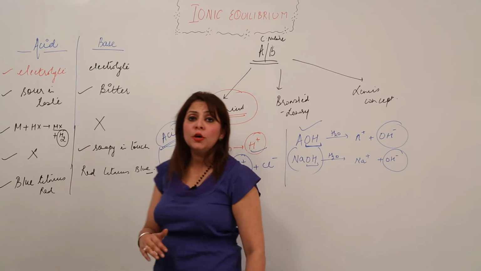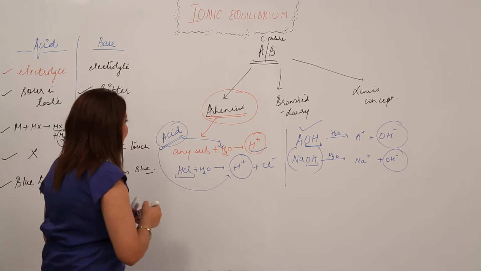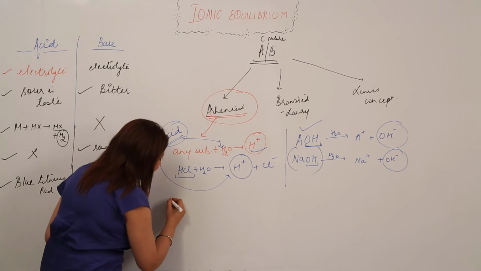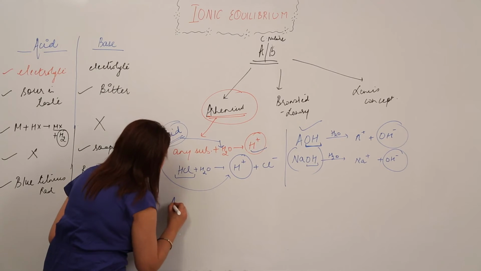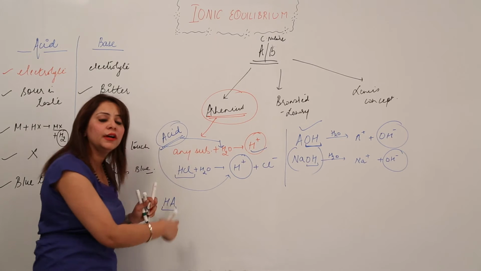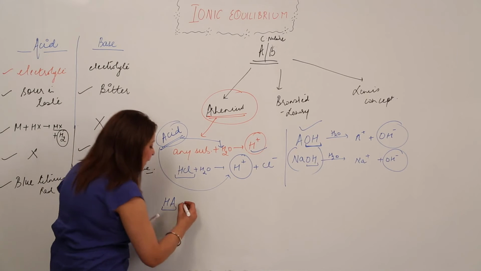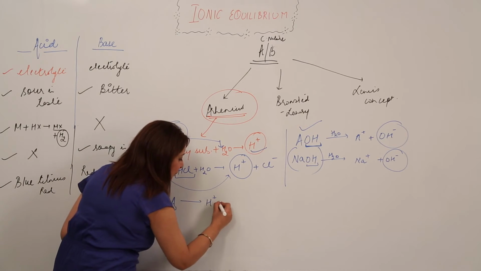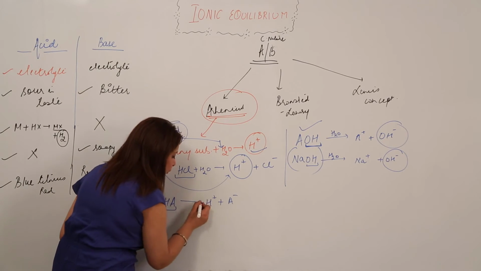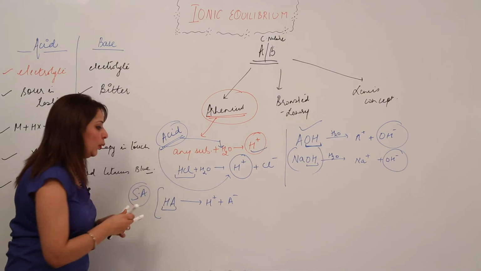Then he also talked about the strength of acids and bases. He said that, taking the general formula for an acid as HA, if any acid on dissolving gets completely dissociated into ions, it is called a strong acid. What do I mean by it?